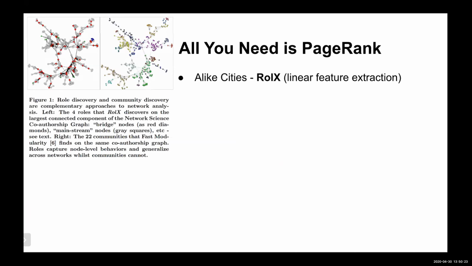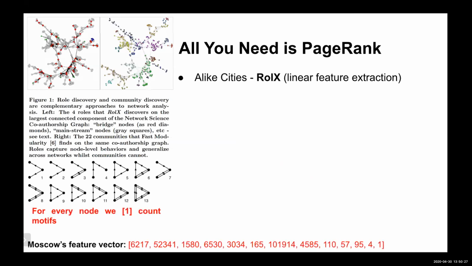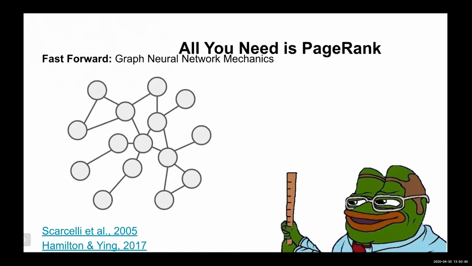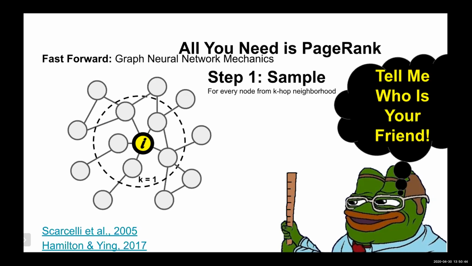An important property of networks is structural roles. Nodes are embedded differently. So we take counts of motifs around every node, which stands for a city, and use them as feature vectors to mingle later on. For every node, we look at its neighbors. That is how we combine a neighborhood for a few hops.